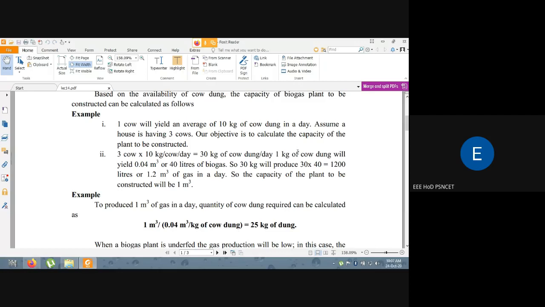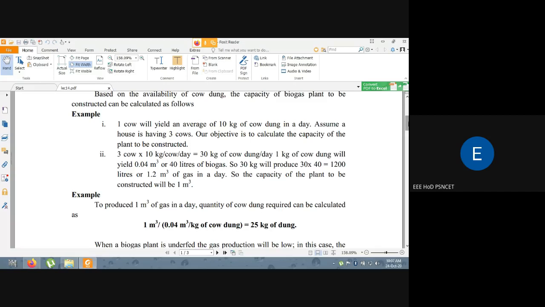It yields 0.04 meter cube, or 40 liters, of biogas per kilogram. Then 30 kilograms will produce 30 into 40, totally 1200 liters of biogas per day.